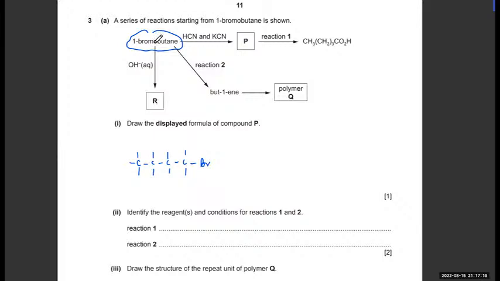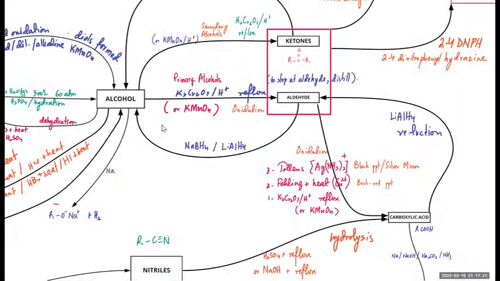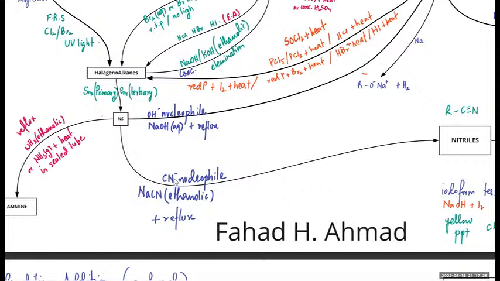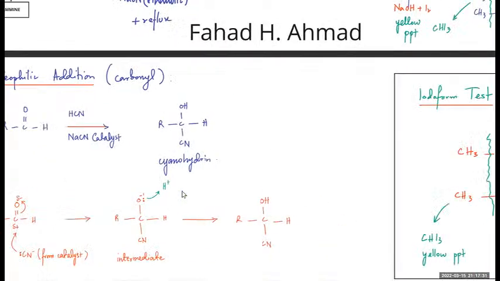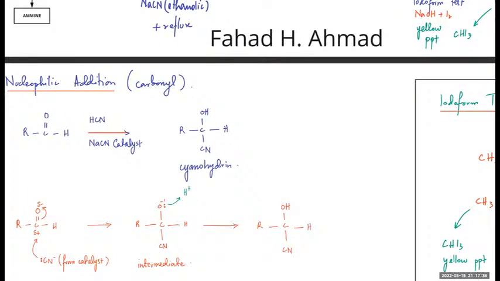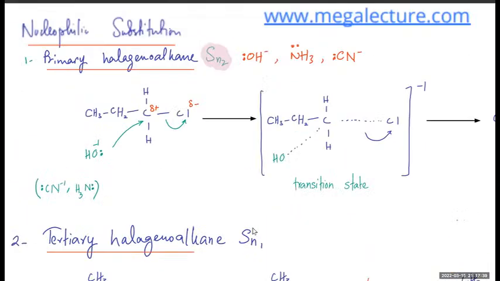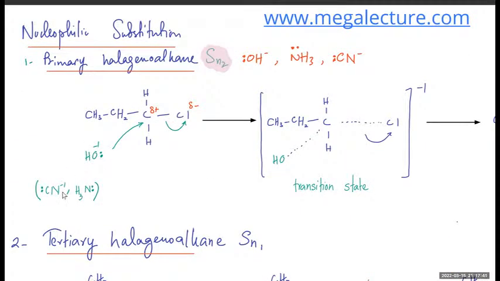So this is a halogenoalkane. If I look at the chart, what happens to a halogenoalkane? There's a substitution reaction that happens with CN- nucleophiles. The mechanism is SN1 or SN2 nucleophilic substitution. Since we have a primary halogenoalkane, it's going to be an SN2 mechanism.